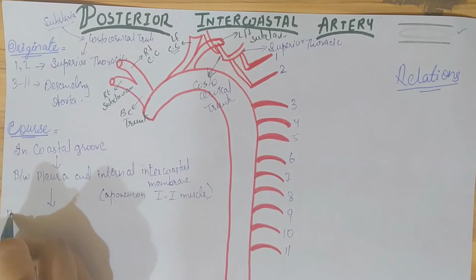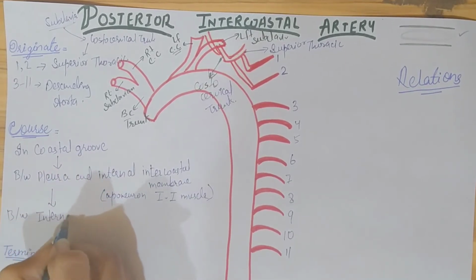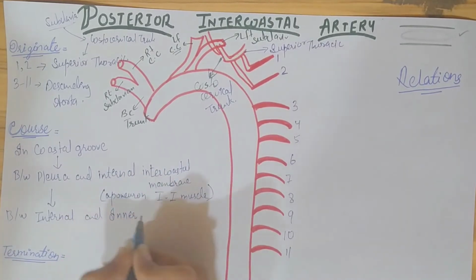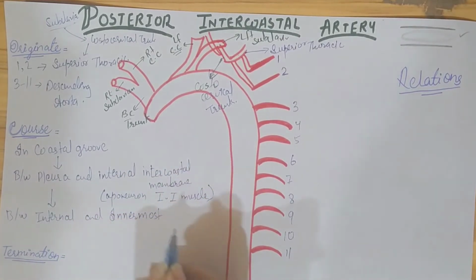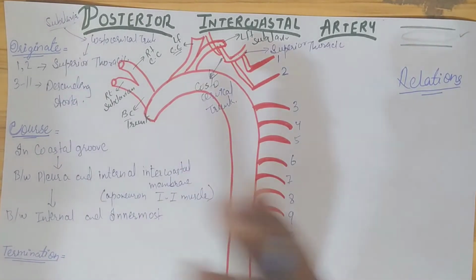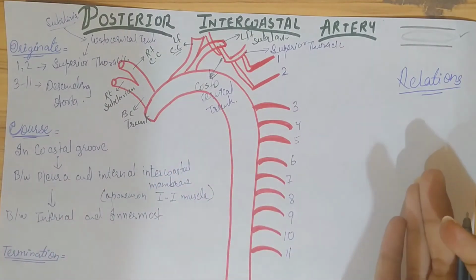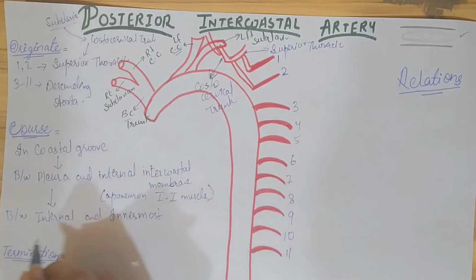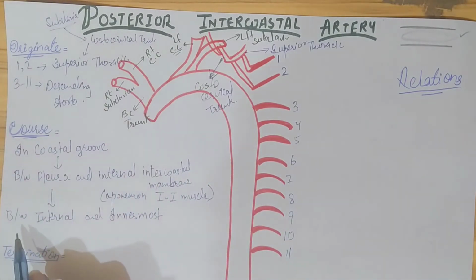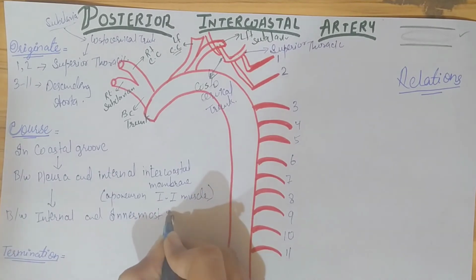Then it is present between the internal intercostal and the innermost intercostal muscle. There are three basically muscles in the intercostal space. The contents of the intercostal muscles and all about that you can watch my another video. So here I'm just writing that it is between the internal and innermost intercostal muscle.